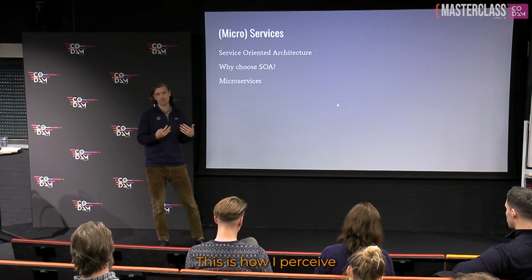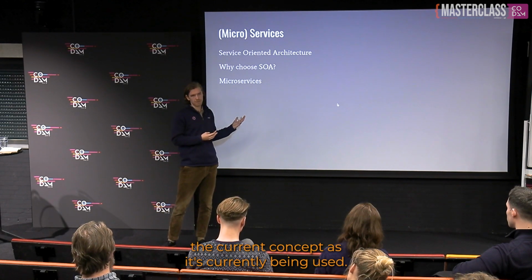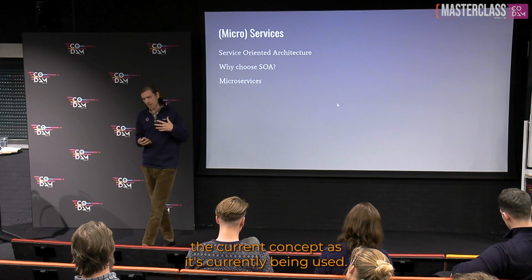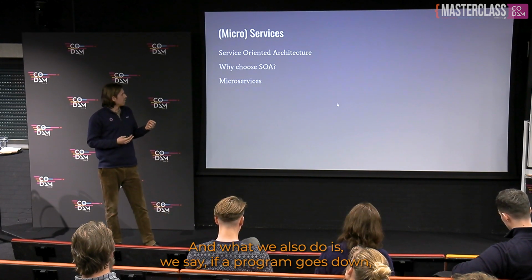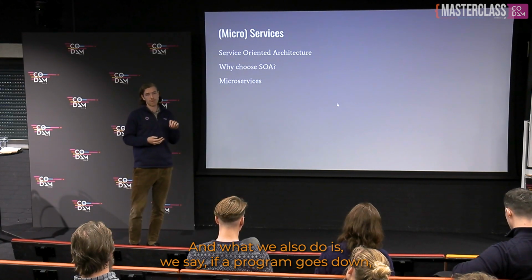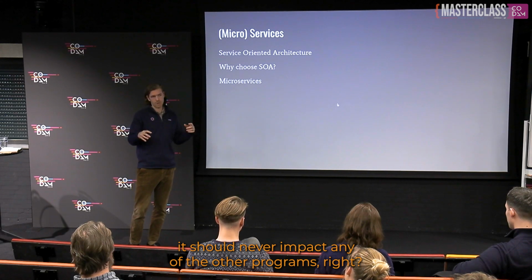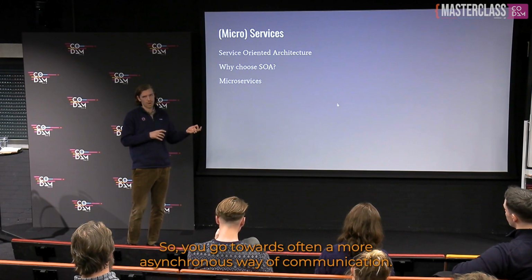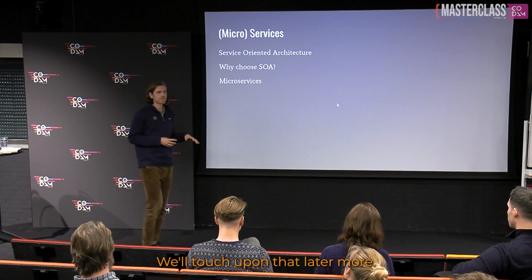But this is how I perceive the concept as it's currently being used. And what we also do is we say, if a program goes down, it should never impact any of the other programs, right? So you often go towards a more asynchronous way of communication. We'll touch upon that later.